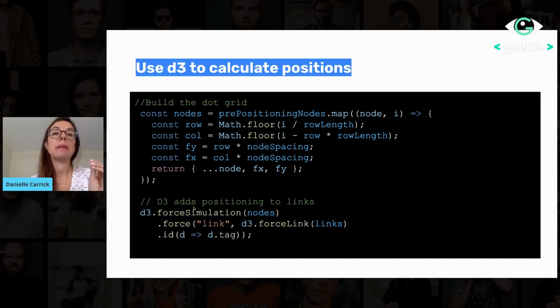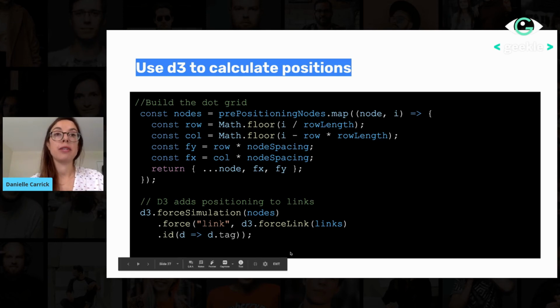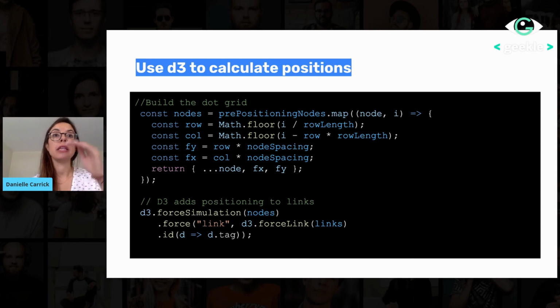But what would be more challenging to figure out is the relationships between all of those links and the nodes. By setting up a force simulation and passing those nodes to it, D3 creates another object for us that has all of the link connections.